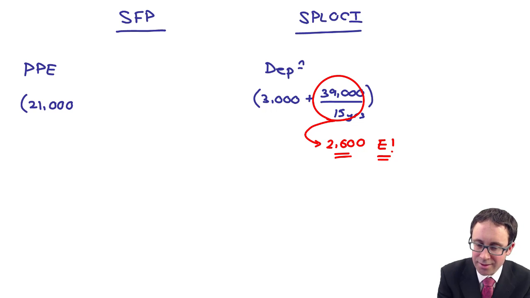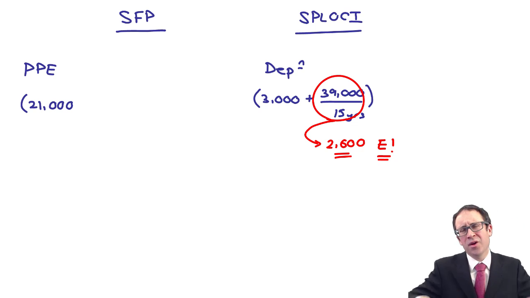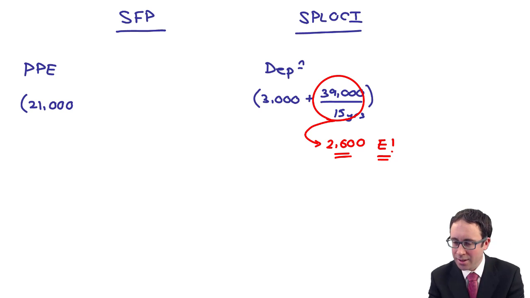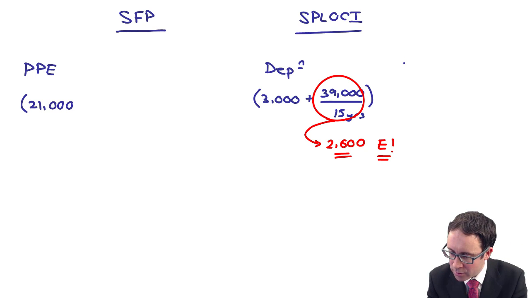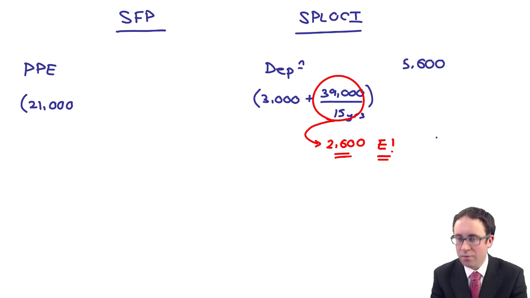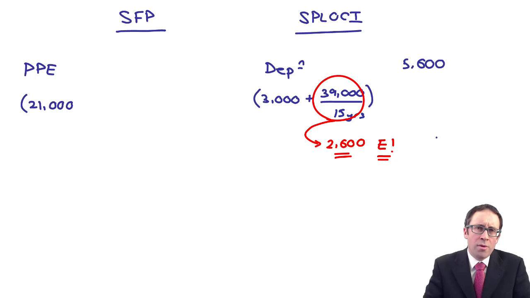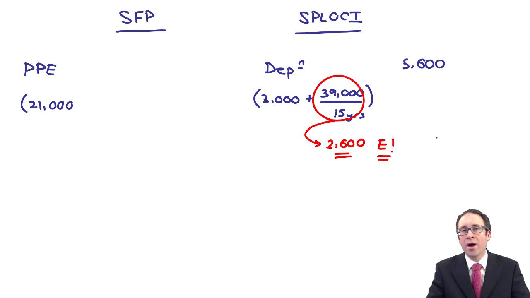Now, I'm not saying that that's very easy, but in the grand scheme of things, with everything that's going on, that's pretty straightforward, isn't it? And what you can do is add those two together, and you've got the 5,600, giving you your depreciation for the year. Boom! There you go. You've got 2 marks in total for the depreciation, half a mark there for the PPE. You're well on your way to passing this question.